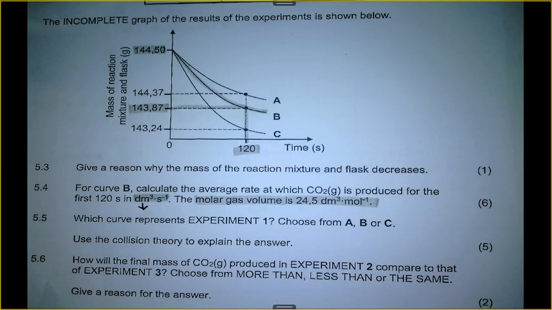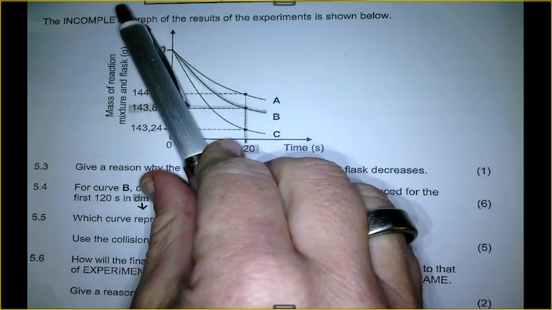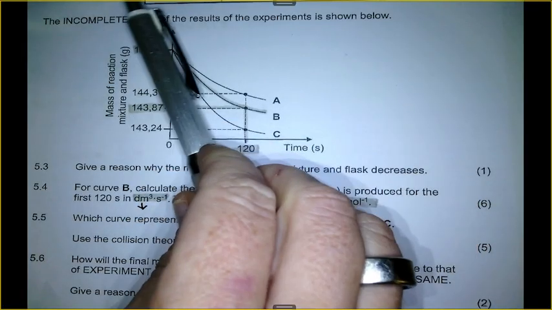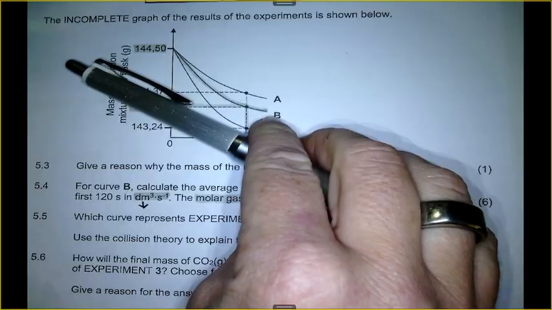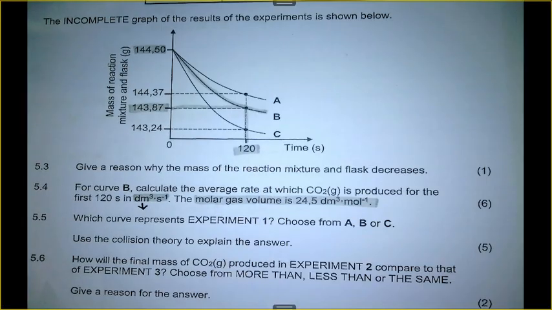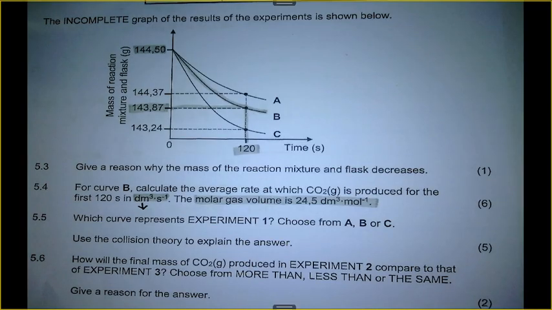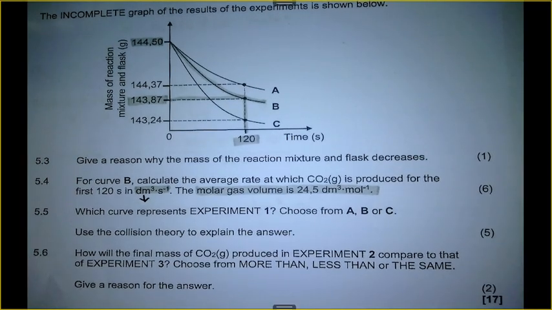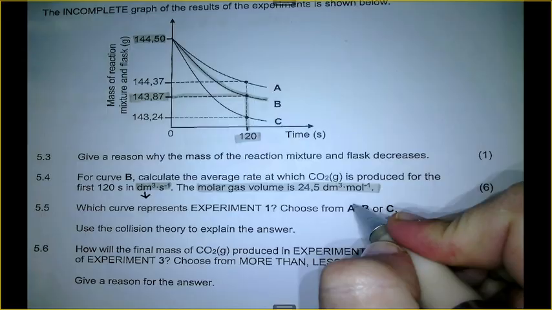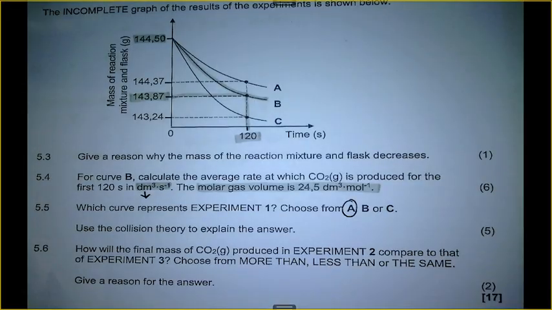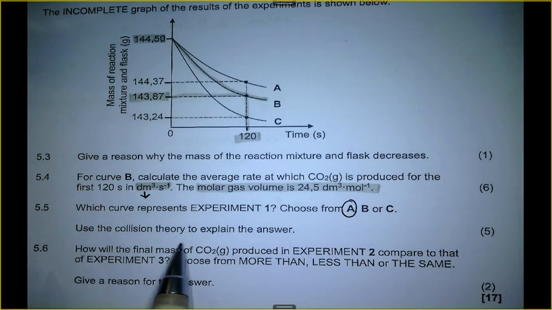The one that, if I take a ruler, has the smallest gradient. I hope you can all see that that is A. So for 1 mark, A. For 4 marks, use collision theory and explain your answer.